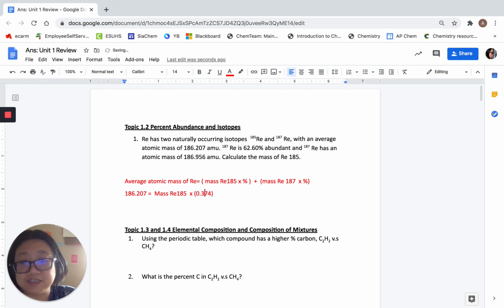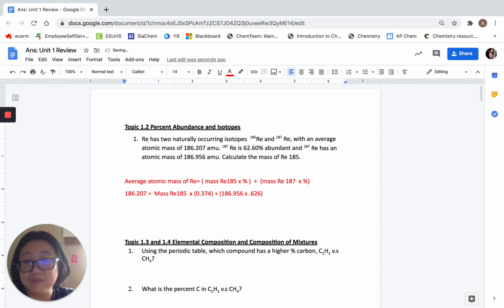Again, this comes from 1 minus 0.6260. 0.6260 is this one, in case you are not sure. Anyway, plus the mass, we do know this one, 186.956, times the percentage, which is 0.626.